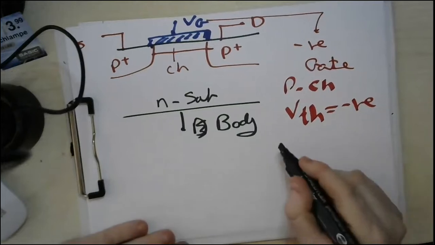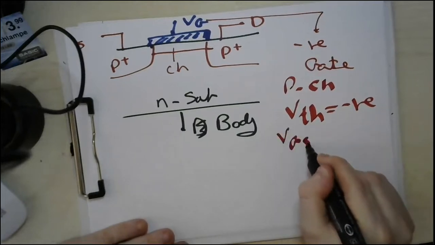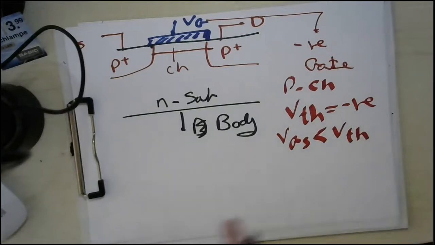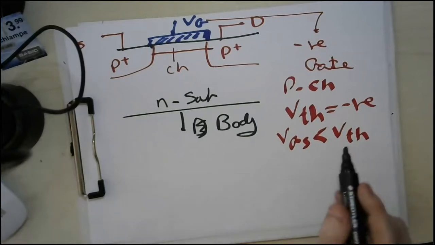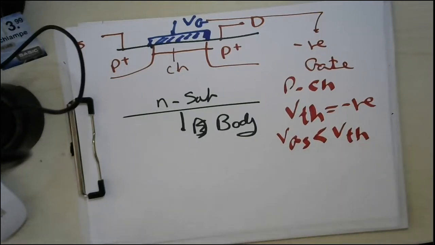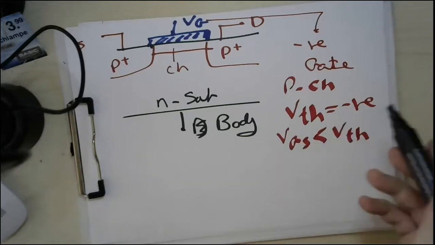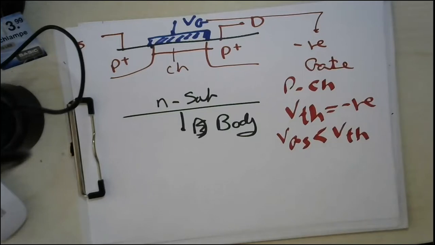And you need a VGS which is smaller than V threshold in order to operate, because these numbers are negative. So for example, if your V threshold is -1 volt, then you should expect that your VGS should be -1, -2, -3, or something like that, in order to make your MOSFET operate. So this is the first difference.